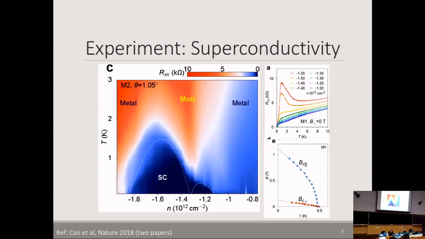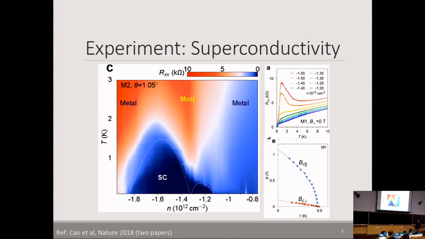To make it more clear, the red one is at half filling of this flat band. It turns up because it's kind of insulating, and then it drops down, it becomes superconducting at that point. The superconductivity is not at a shockingly high temperature, 1.5 Kelvin, but the interesting thing is that this is the first time that superconductivity is seen in graphene, in a system solely consisting of carbon atoms.